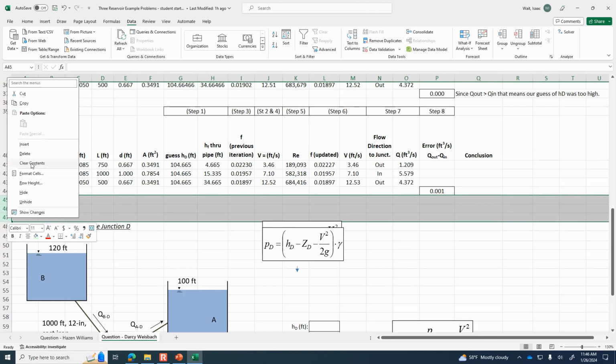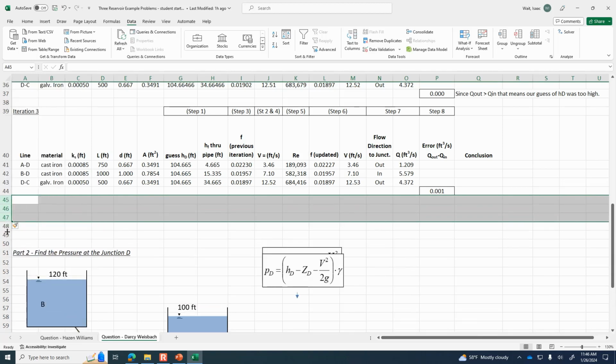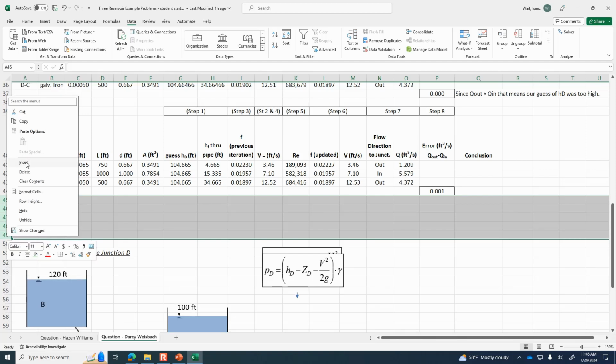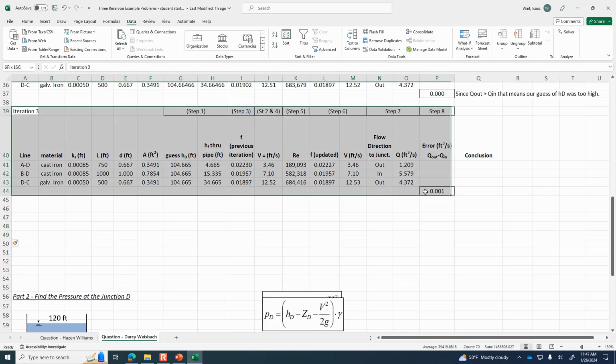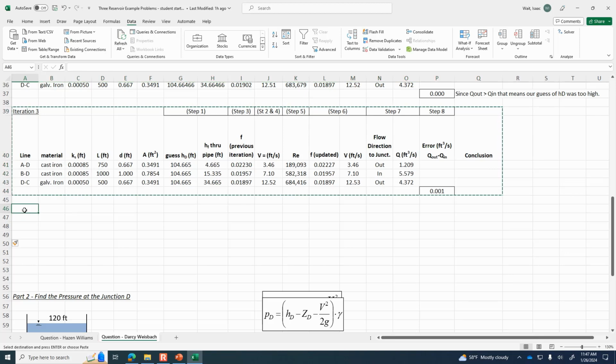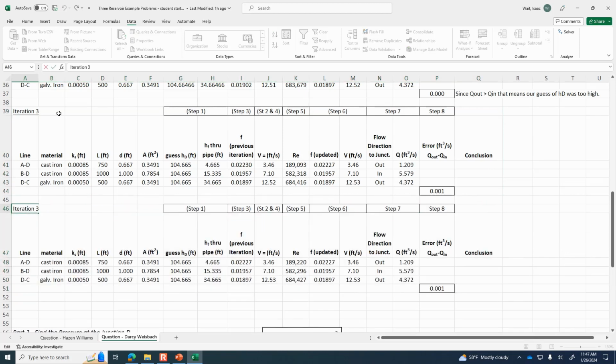I want to do a 4th iteration. All right. So I'm going to copy everything. Control C. Here is Control V. I'm just going to rename this iteration 4.